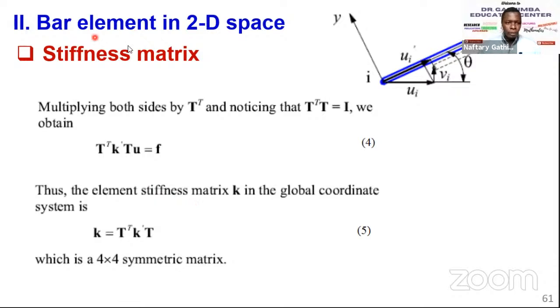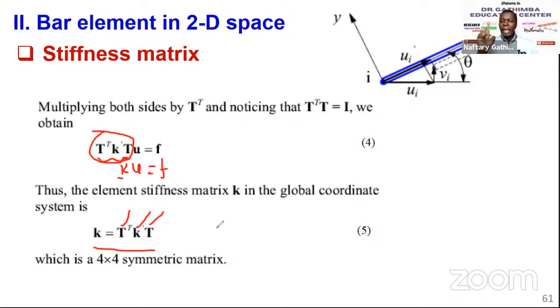Very easy, because we are saying this is K, this is U, this is F at the global coordinate system. So this K at the global coordinate system is composed of all this, which will become a 4x4 symmetric matrix. You can work this out because already you have T, K at the local coordinate system, and the transpose. So you have gotten the elemental stiffness matrix in the global coordinate system.